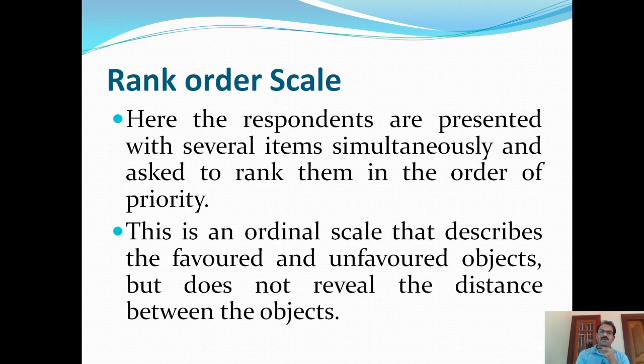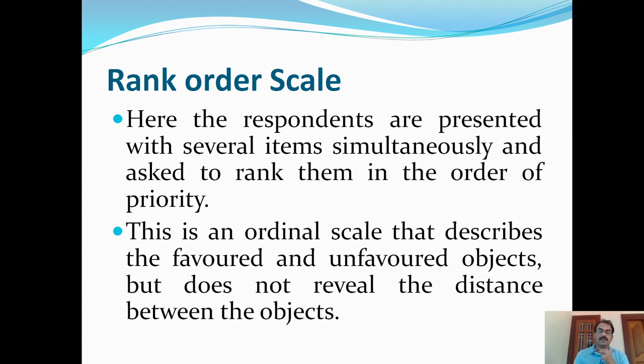Next one is rank order scale. Here the respondents are presented with several items simultaneously and asked to rank them in the order of priority, like first rank, second rank, third rank.